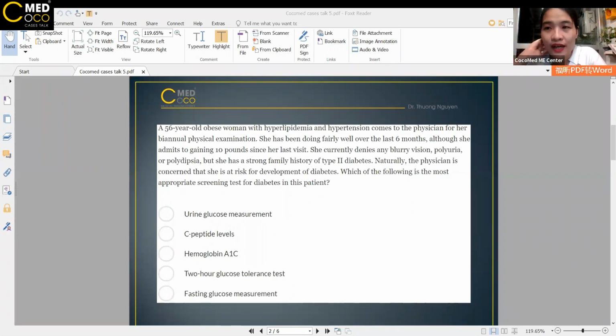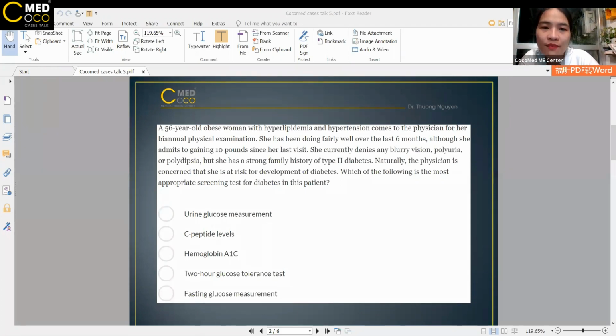For the HbA1c, they didn't suggest using it as a screening test. They suggest it for follow-up or monitoring the glycemia: we check it after we confirm the patient has diabetes, and after that we check the HbA1c and monitor them.